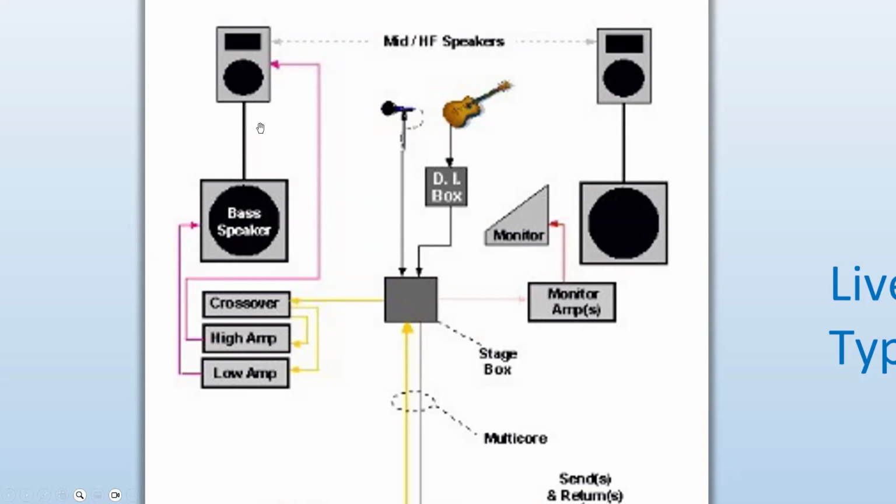So the stage fill monitors will give some sort of reference. Can't have them too loud because then you're going to have feedback. Plus, the microphones are going to start picking that up. So everything has to be really, really well balanced.